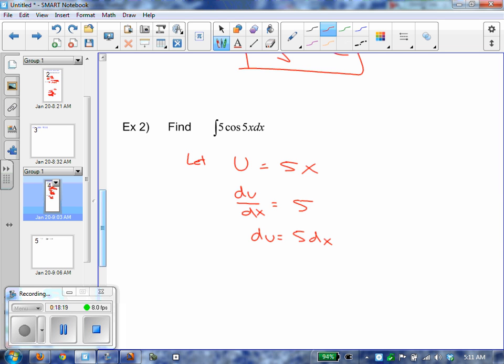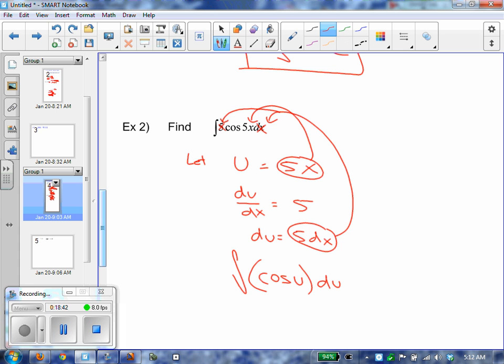Everywhere I see a 5x, I can put a u in for it. So right now I'm looking at cosine of u, and then this is supposed to be du out here, but du takes care of the 5 and dx. So everything's taken care of. Now I have cosine of u du.